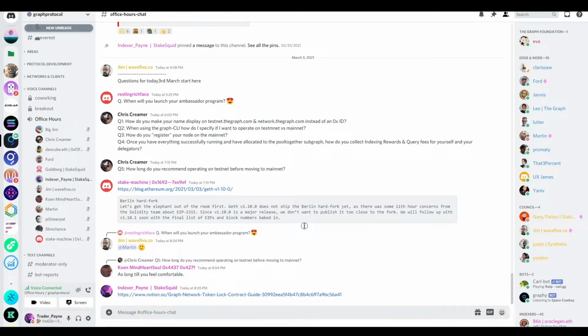I believe it's called indexer agent Ethereum network or something like that. Ford might correct me if I'm wrong. If you look on the StakeSquid repo that we have for the testnet, you will see in the indexer agent and service environment variables a field with Rinkeby in there. That must be set to mainnet for mainnet, obviously.